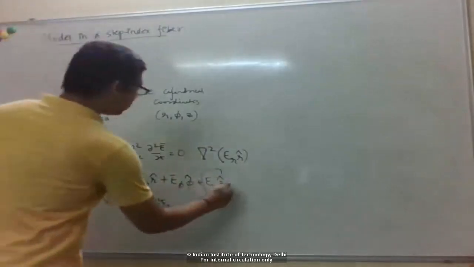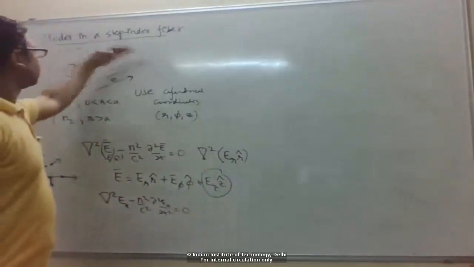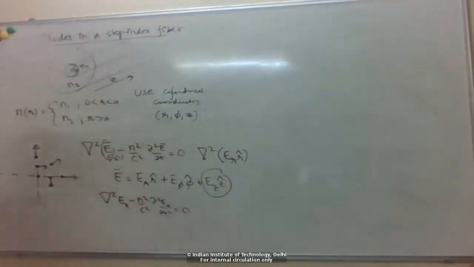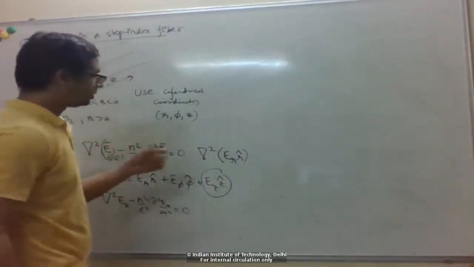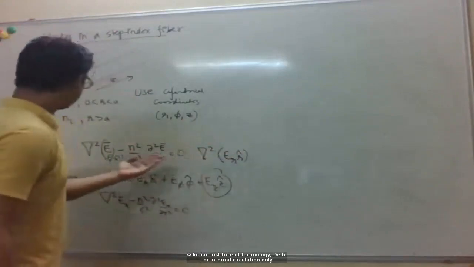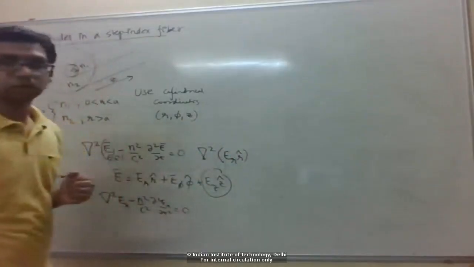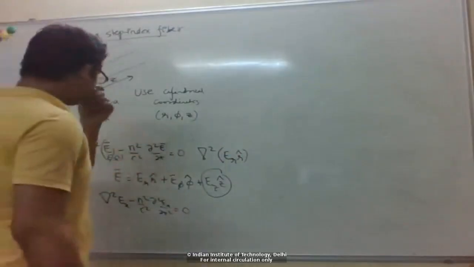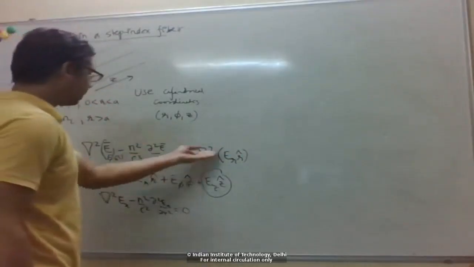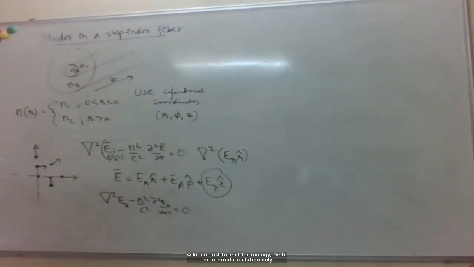Only the z component you can take z cap out, because the z direction is independent of position. But the r and phi caps are coupled to each other: the derivative of r will give me something in phi, and the derivative of phi will give me something in r also. So if I want to directly follow this kind of procedure, then it becomes really complicated because r and phi are not constant vectors. Okay, so I hope that's clear.